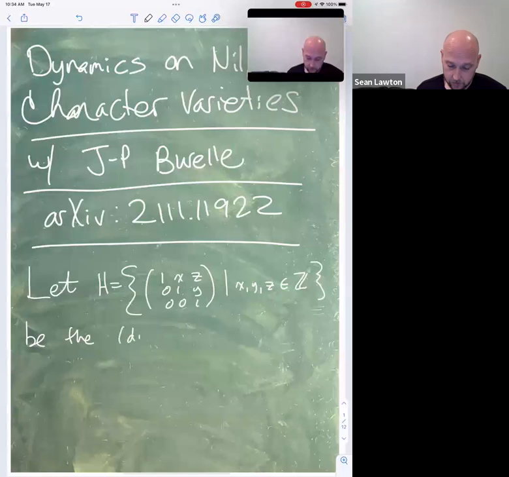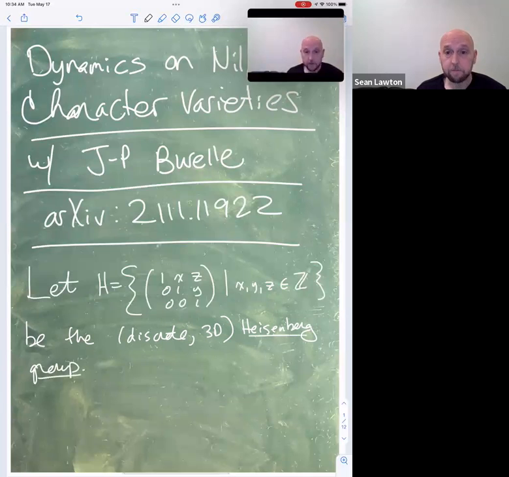So this is sometimes called the discrete 3D Heisenberg group. Okay, so H is a group under matrix multiplication.